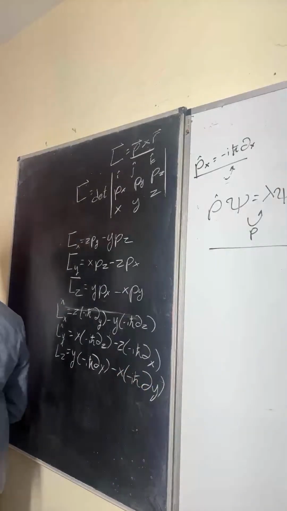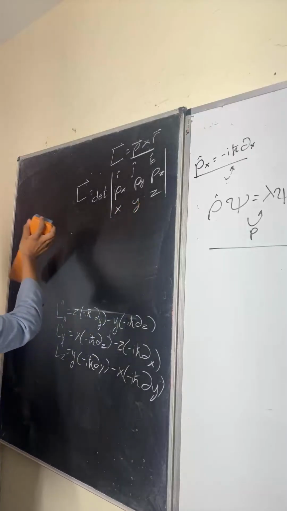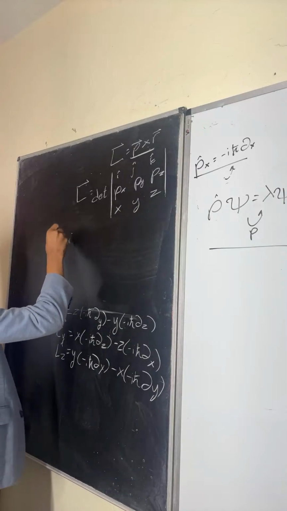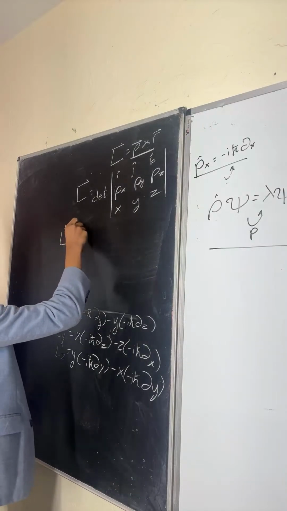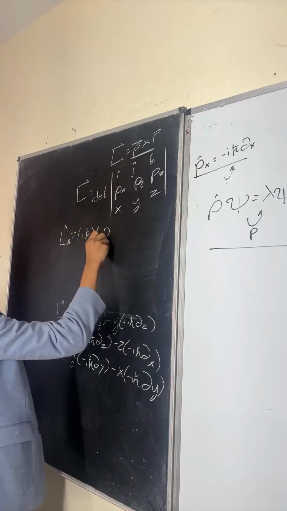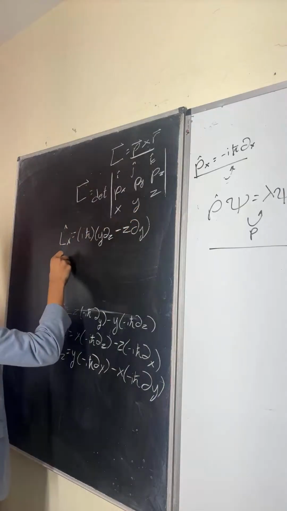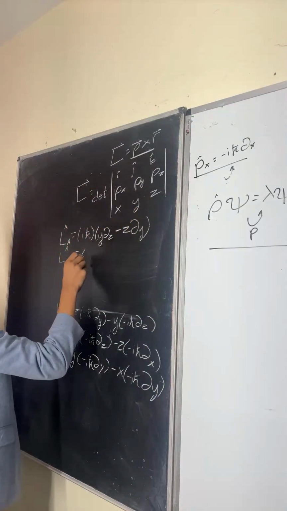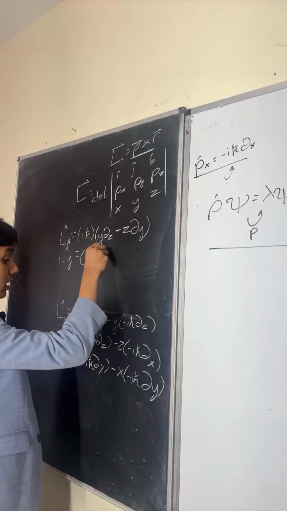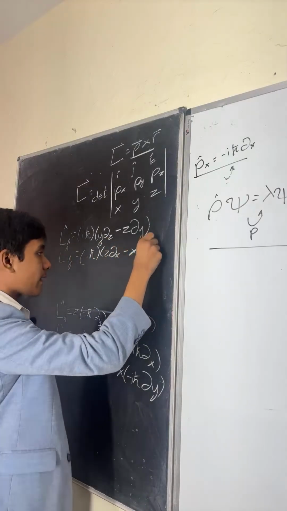Now, factorizing and rearranging this guy gives us the Lx operator is, factoring out the iħ and applying the negative, iħ (y partial z minus z partial y). Ly operator is iħ (z partial x minus x partial z).